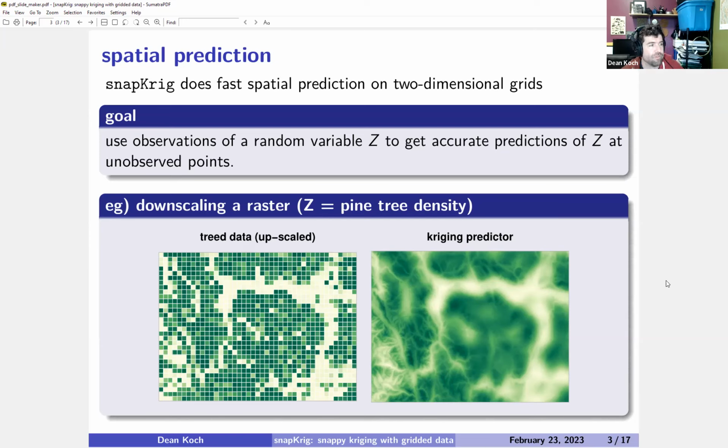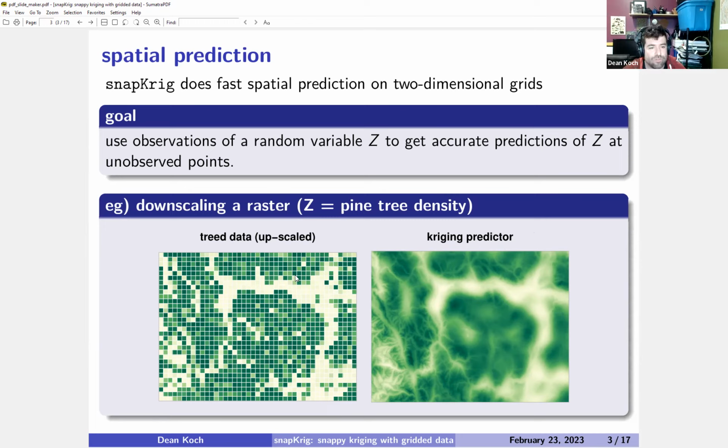So a good example of this kind of problem is downscaling a raster. And here's an example with some data that I worked on in my grad studies years. This is showing pine tree density, an aerial view of pine tree density over a several kilometers wide box.